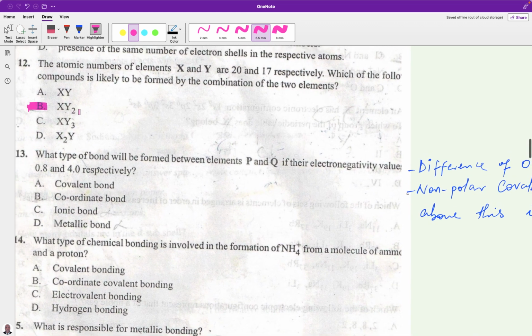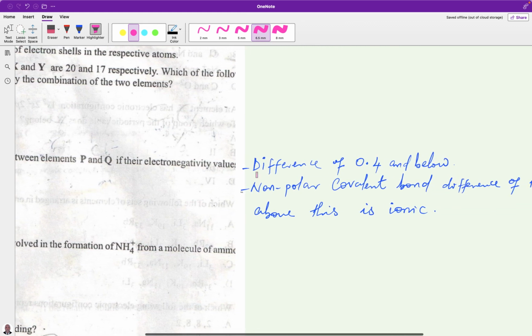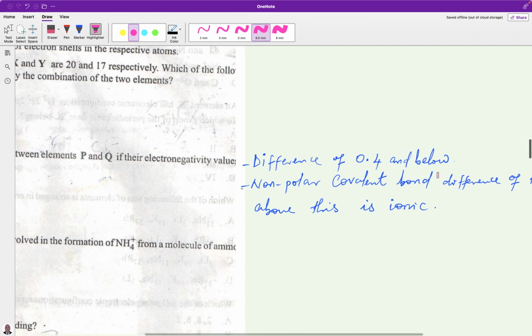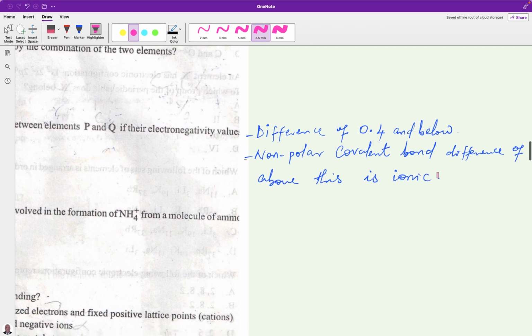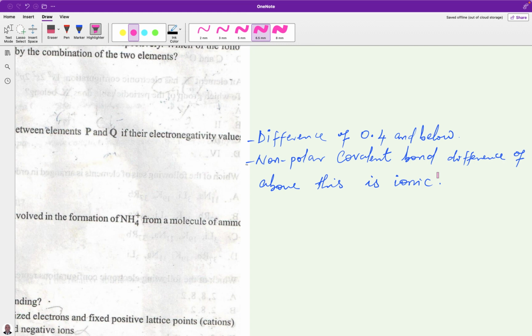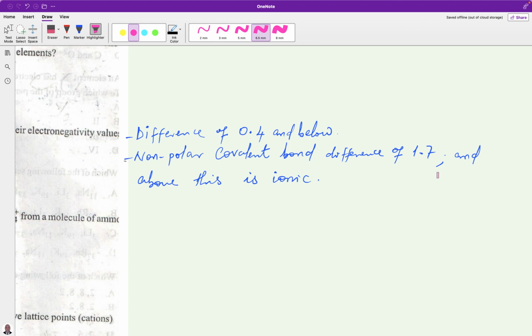For a difference of 0.4 and below, we have non-polar covalent bonds. A difference of 1.7 and above is ionic.